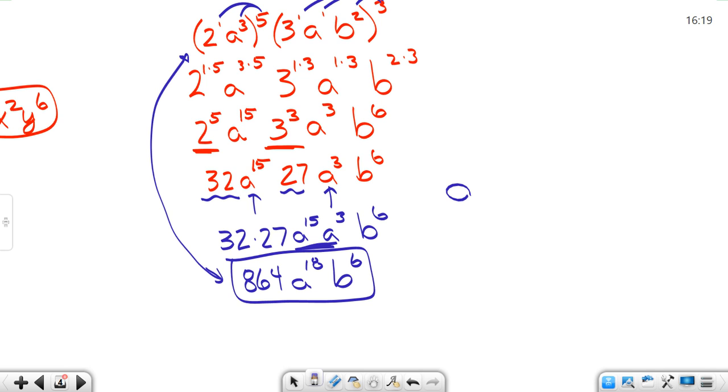So if I picked a number for a and I picked a number for b, and I plugged it in here and I plugged it in here, I will get the same exact value. We just have to understand, guys, that this last line here is the simplest form for the product. It's the simplest form.